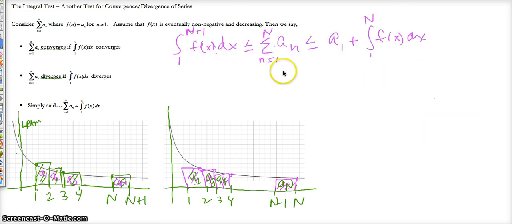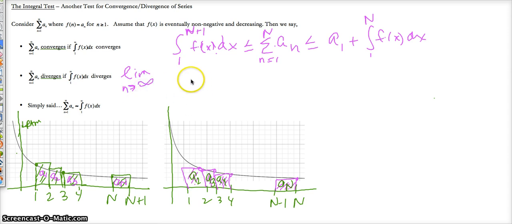Okay, so I combined this as one big inequality. And the cool thing is that this series is somewhere between this integral and a sub 1 plus that integral.